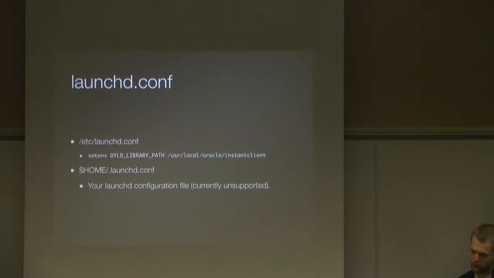And the other one we have here is the launchd.conf file. It lives in /etc/launchd.conf. It probably doesn't exist by default, so you may have to create it and use the same permissions that you would set on the launchd plist file. Basically anything in launchd.conf takes commands like launchctl would.